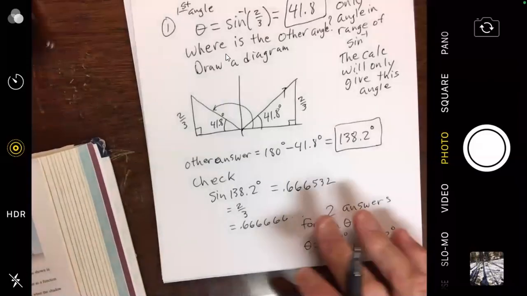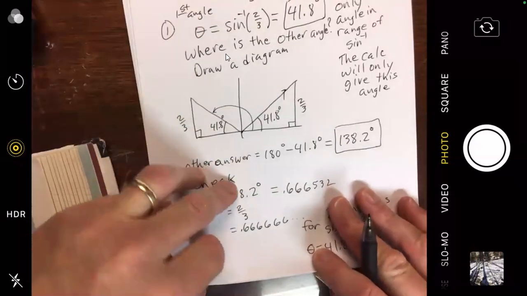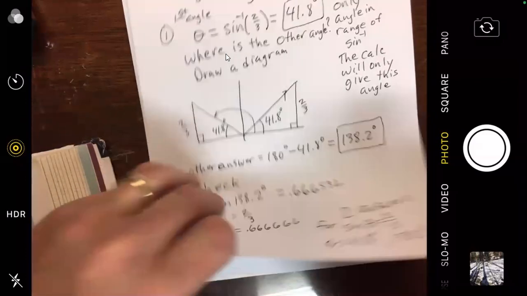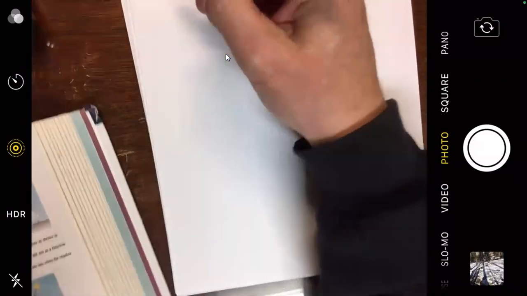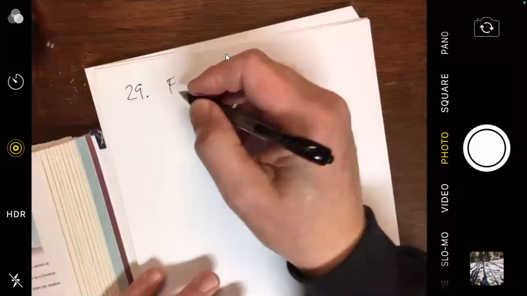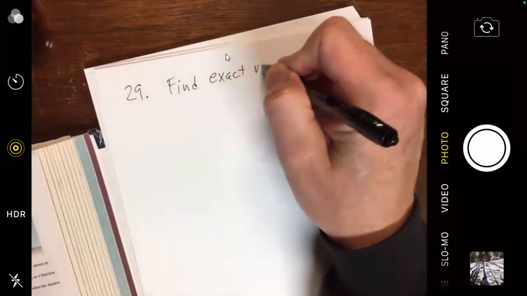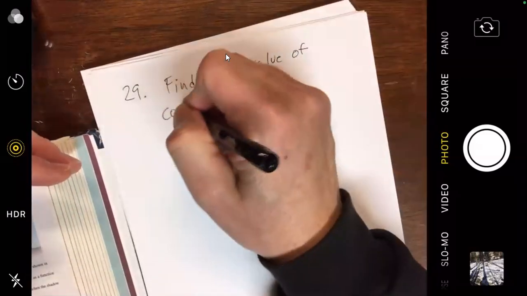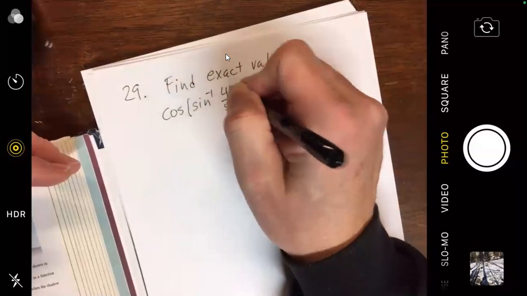All right, just a couple more sections. Why don't we try one like 29? Find the exact value of cosine of arcsine of 4/5.